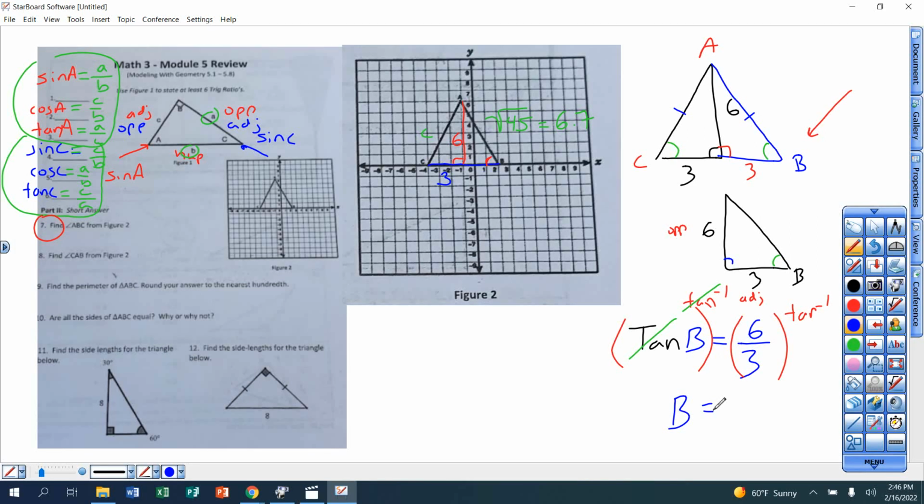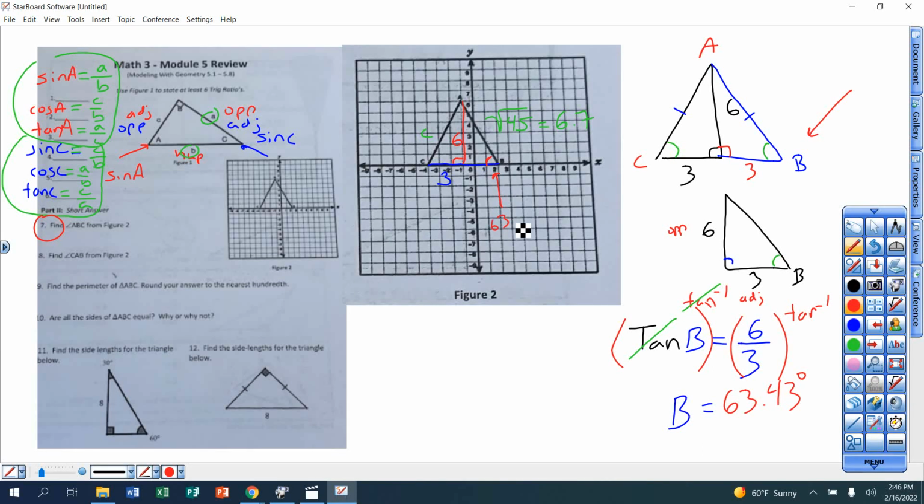So it's equal. I'll crank out another one on the spot for you because you do a couple of those. You'll get them right. So if I do that, that gave me 63.43, is that right? Yeah. Degrees.